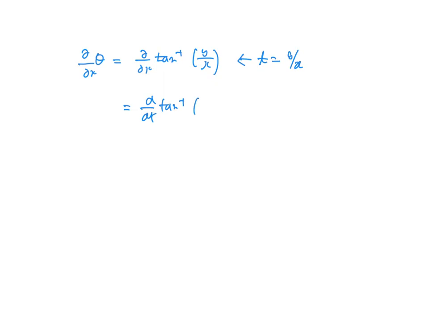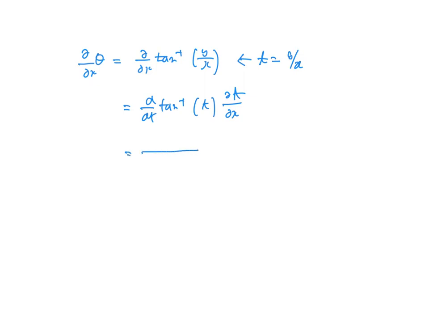So partial theta over partial x, partial of tangent inverse y over x. So we can say t is y over x. Then this is d tangent inverse t over dt, times partial t over partial x, right?